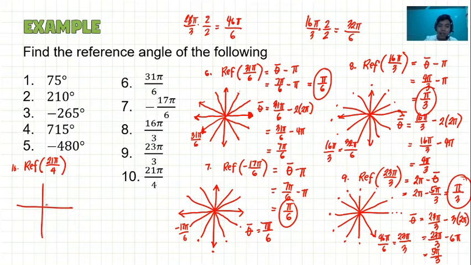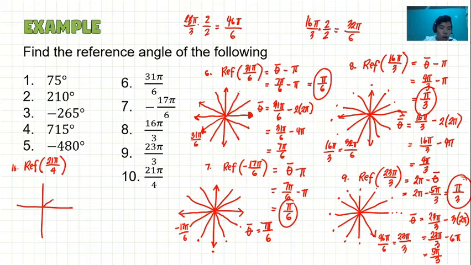Therefore, 90 is divided into two equal parts. Okay, if our angle is 45, right? And that is equal to pi over 4. So we need to count 21 pi over 4 in this case. Okay, 21 pi over 4. So once again, 45 divides 90 into two equal parts.